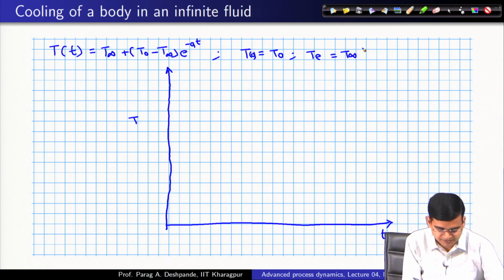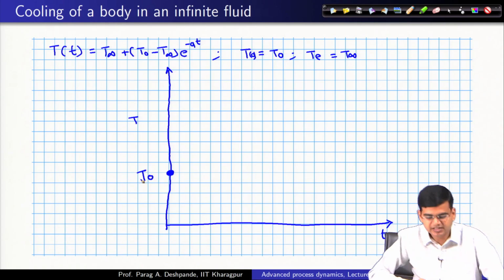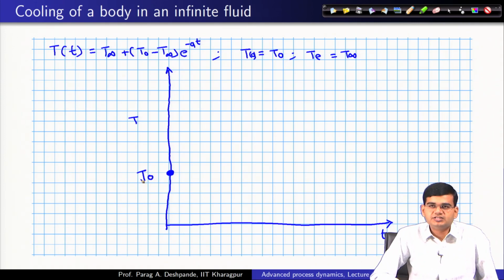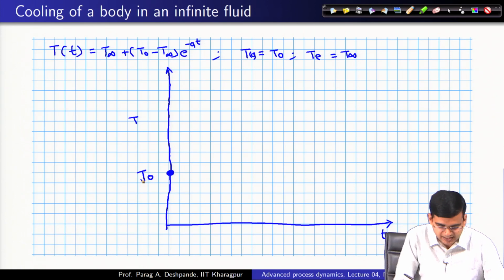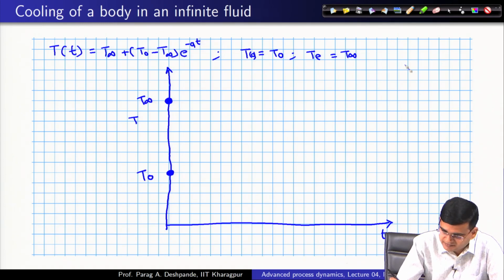Okay. So, this is the initial condition of the system, T 0, and finally, the system has to reach the temperature T infinity, okay, assuming T infinity to be greater than T 0.